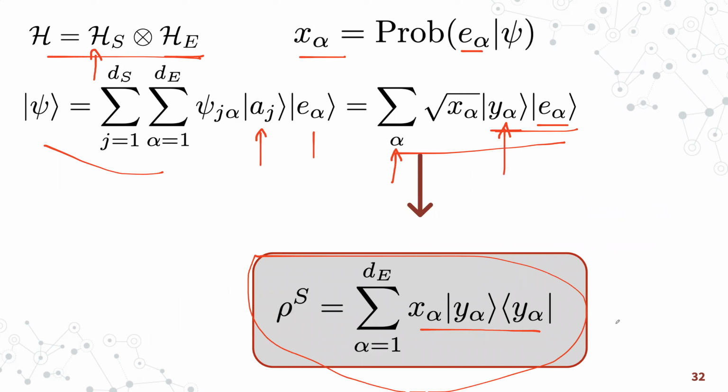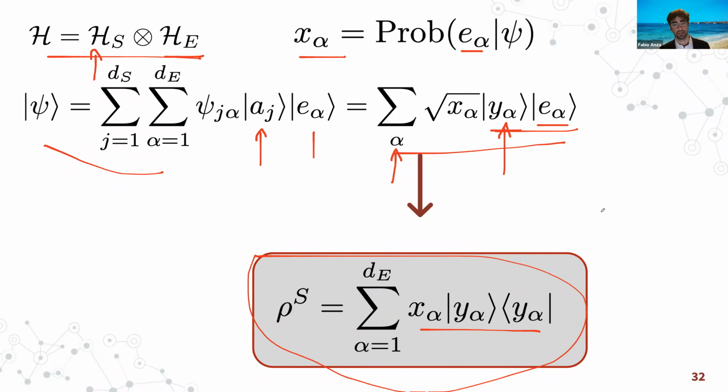But over here, if these Y alphas are not orthogonal, how do you obtain the purification to begin with? My notion of purification is that you do the diagonalization, then you get a purification. But over here, the purification starts with the environment, or it comes with the environment. So how do you do the purification in that place?